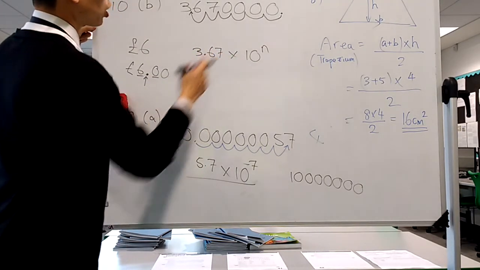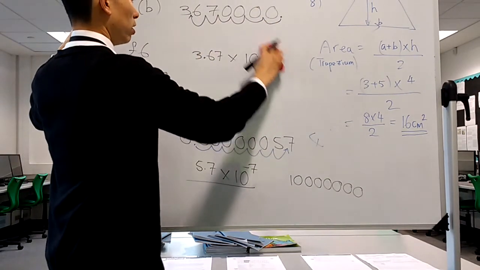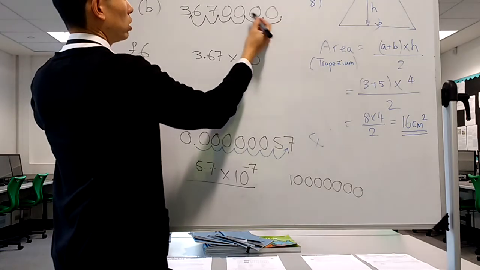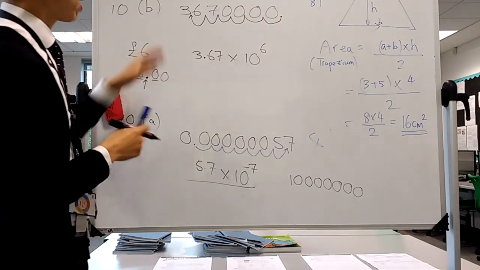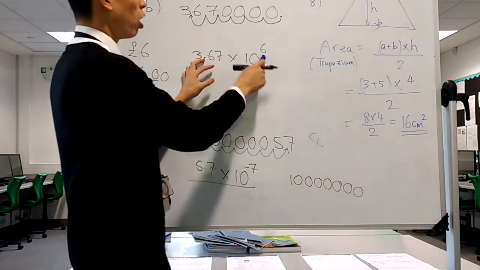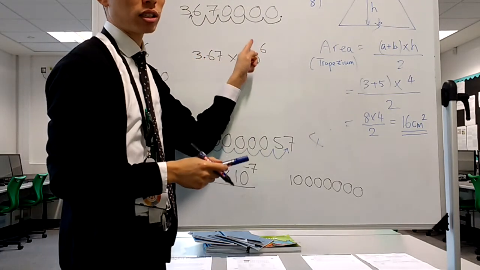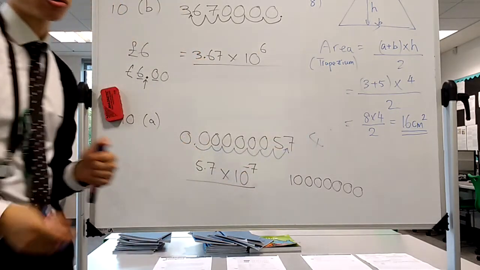So how much I have moved is what my index value is. 1, 2, 3, 4, 5, 6. This time I'm making a big number smaller, so I need to compensate by making sure this is a positive value. So therefore, that's your answer.